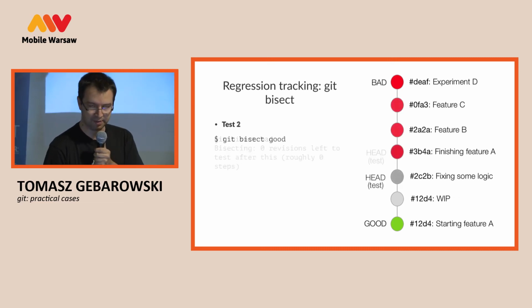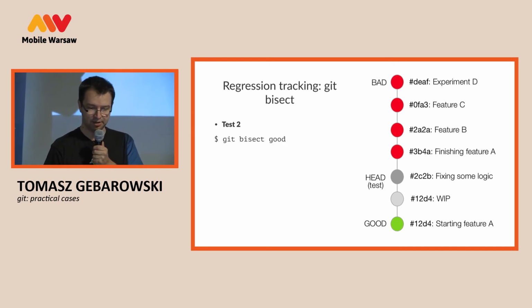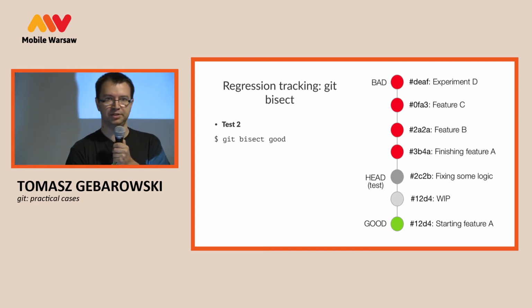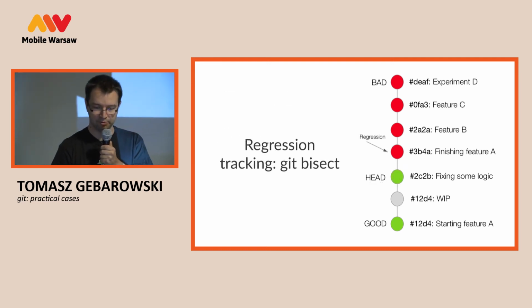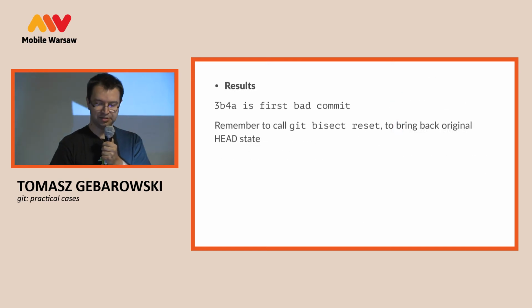With that, we can assume that all the commits from the top are bad, and Git does it automatically. After that, the head pointer changes, and we make another test, and let us assume that the test is good. Then finally, we can track the regression. And when we can track the regression, Git displays the first commit that introduced this regression.